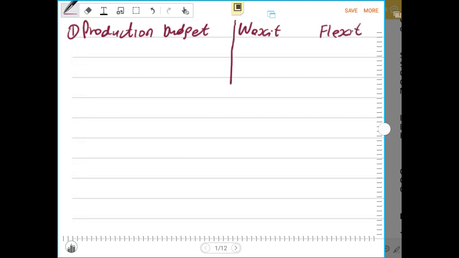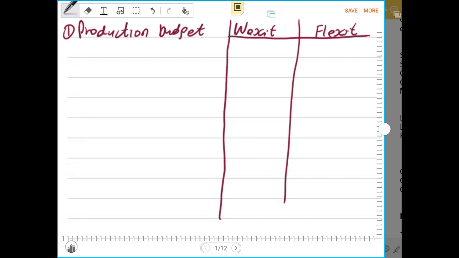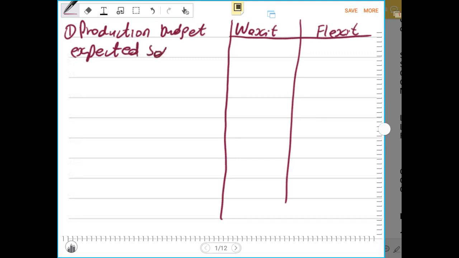So now we just have to draw the 2 lines so that our work is a bit neat in between. And we know that our production budget starts with the expected sales. That means the sales that the company expects to make for a given period.